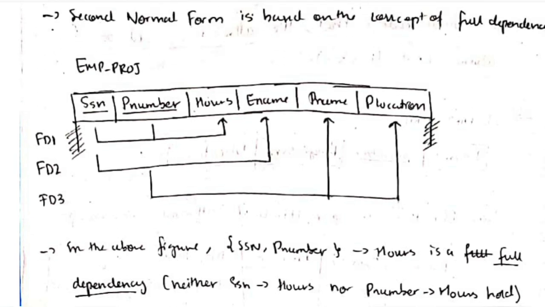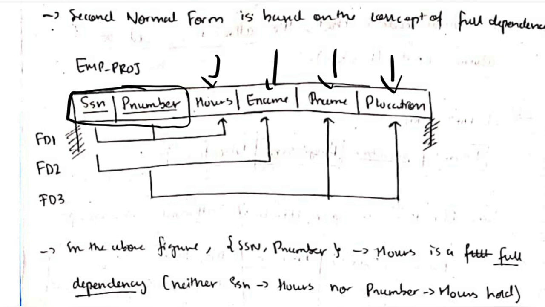Prime attributes means the primary keys, SSN and P number. The remaining are the non-prime attributes. So our main aim is that each of these non-prime attributes should be dependent on SSN and P number both. Means all the primary keys it should be dependent on. So hours is dependent on both.